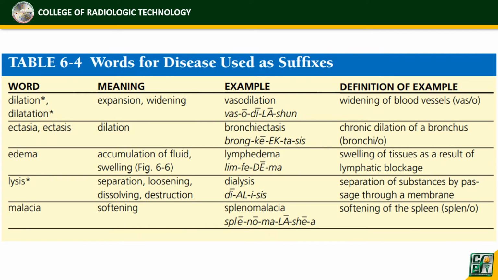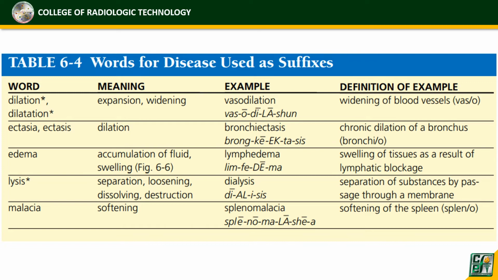Words for disease used as suffix. We have dilation or dilatation, which means expansion or widening. So the example given is vasodilation, which means widening of the blood vessels. Vaso meaning blood vessels, dilation meaning widening.